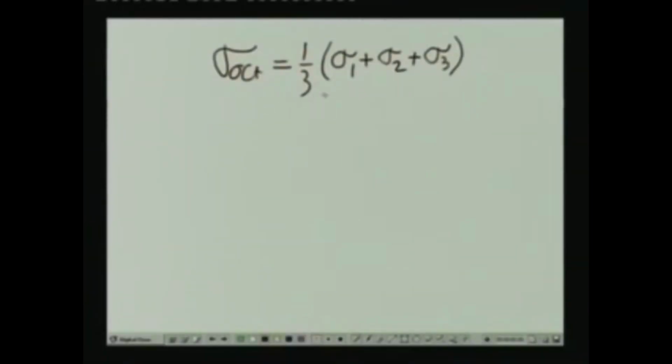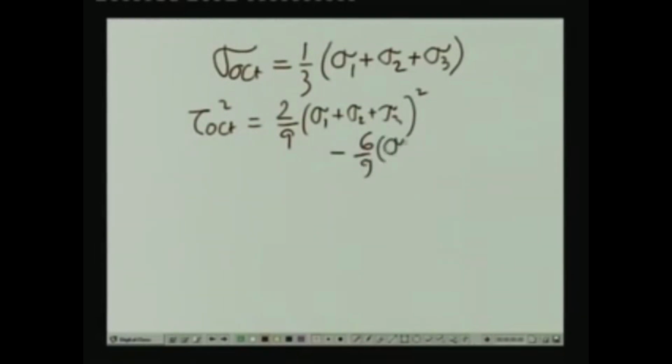The octahedral normal stress, as we had defined, is 1/3 of sigma 1 plus sigma 2 plus sigma 3, which is the summation of the normal stresses in a 3-dimensional stress system, and we call this the first invariant. And if you remember, tau octahedral square was equal to 2/9 times (sigma 1 plus sigma 2 plus sigma 3) square minus 6/9 of (sigma 1 sigma 2 plus sigma 2 sigma 3 plus sigma 3 sigma 1).